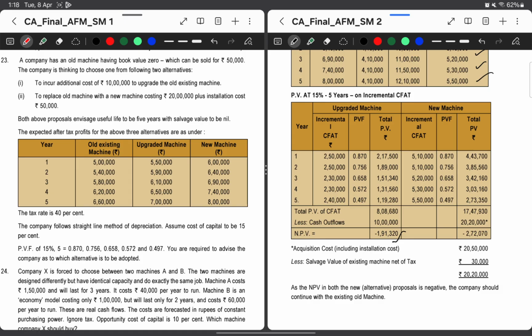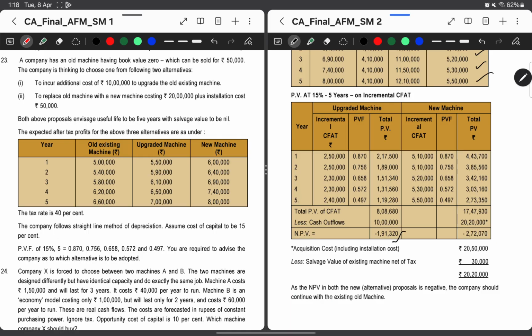But in both cases it is giving us a negative NPV, so it is not beneficial to either replace or upgrade. So we should continue with the existing machinery itself. We should not go for upgradation or new machinery.